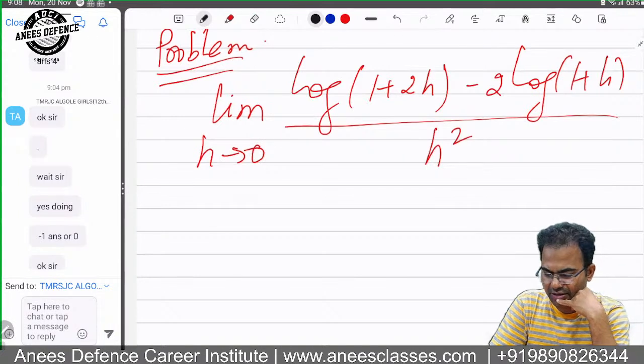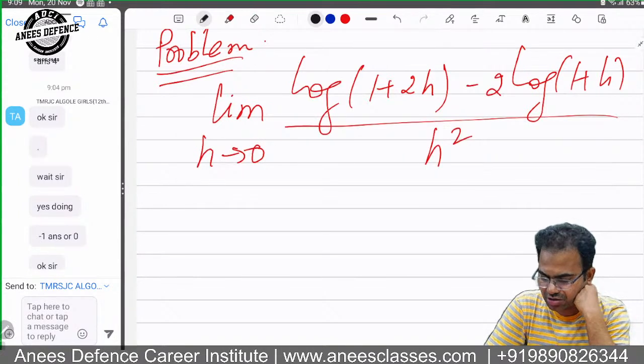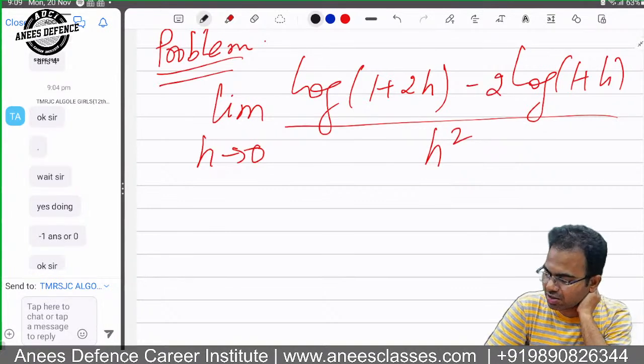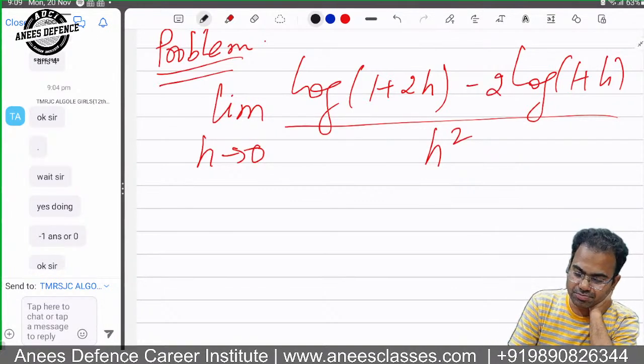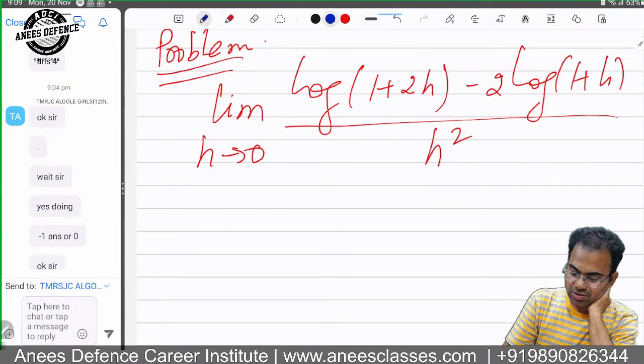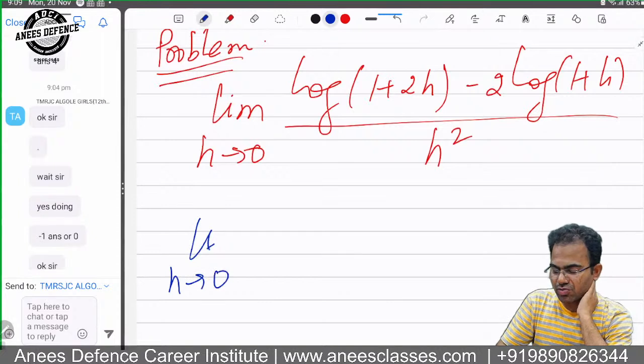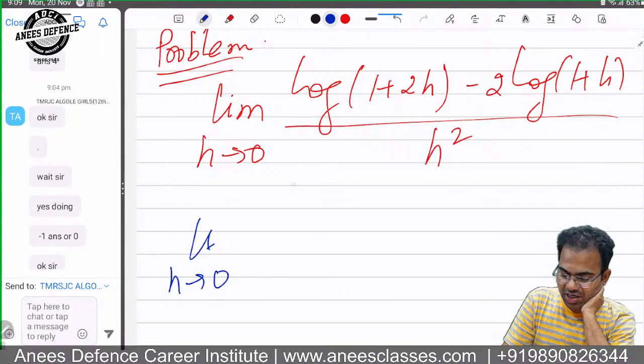If I put 0 in place of h, we will get 0 by 0 form, okay? So I can implement L'Hopital's rule. With the help of L'Hopital's rule, I am doing the solution. The differentiation of log is 1 upon x.